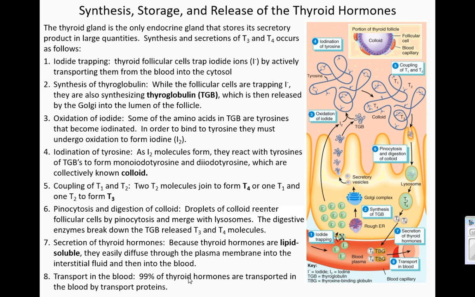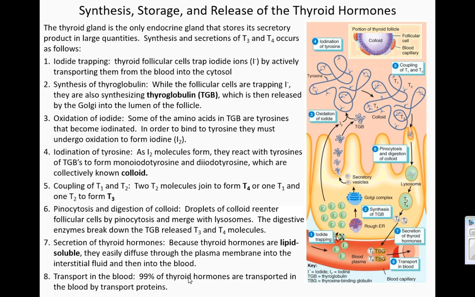Okay. Step 3 is where we oxidize iodide. Some of the amino acids in TGB are tyrosines that become iodinated. In order to bind to tyrosine, they must undergo oxidation to form iodine, which is I2. Okay. As those I2 molecules form, they react with tyrosines of TGBs to form mono and dityrosines.